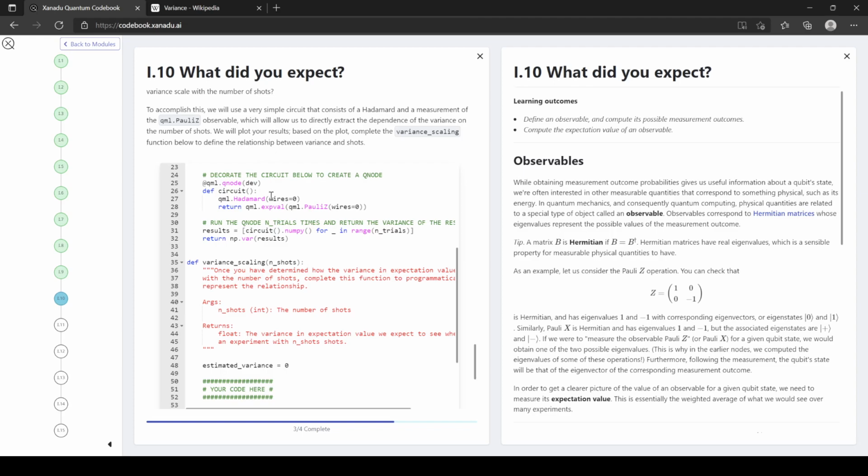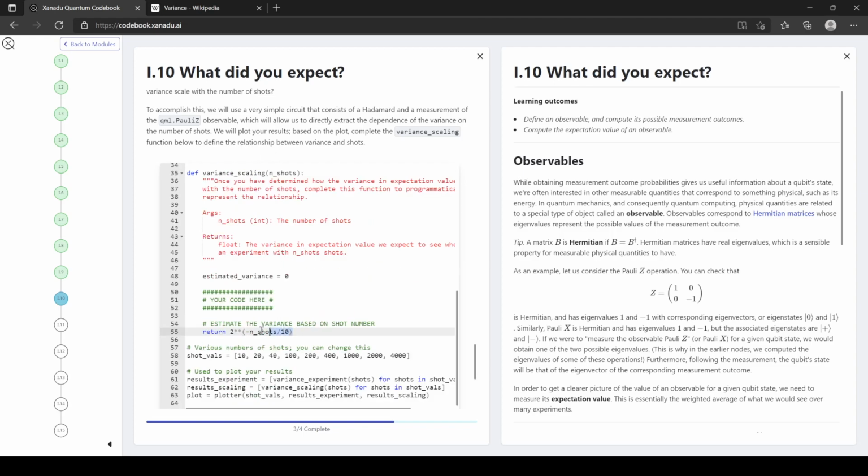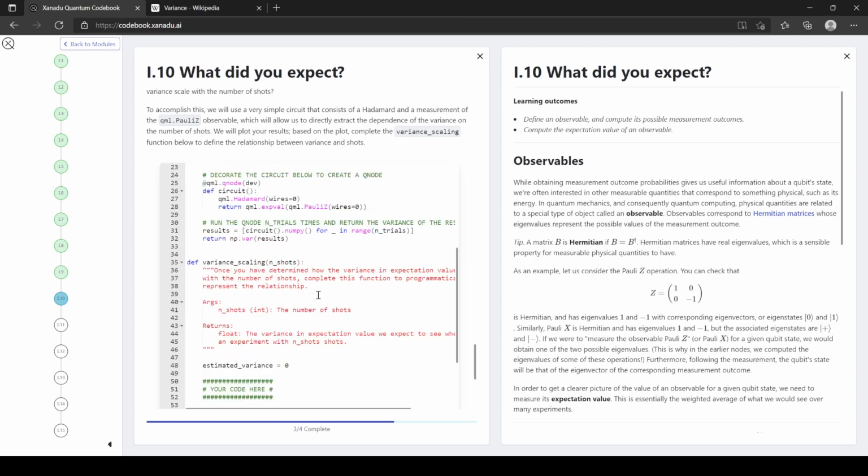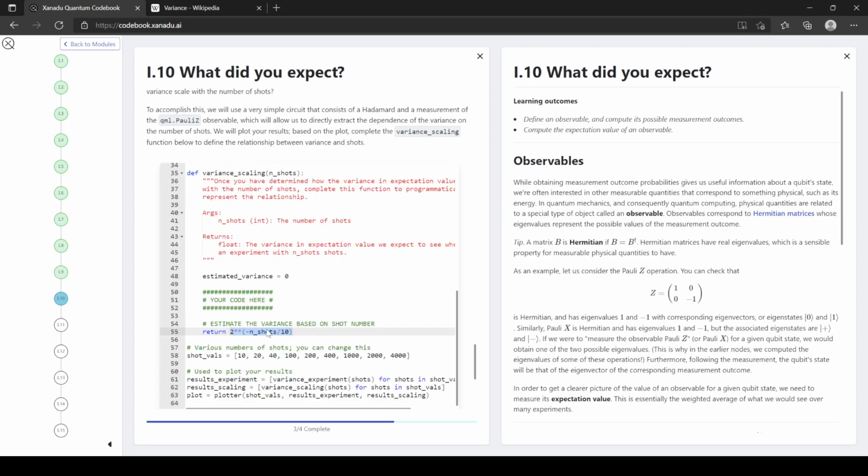But in this case, the expected value is 0 because half the time it's going to be 1, half the time it's going to be -1.